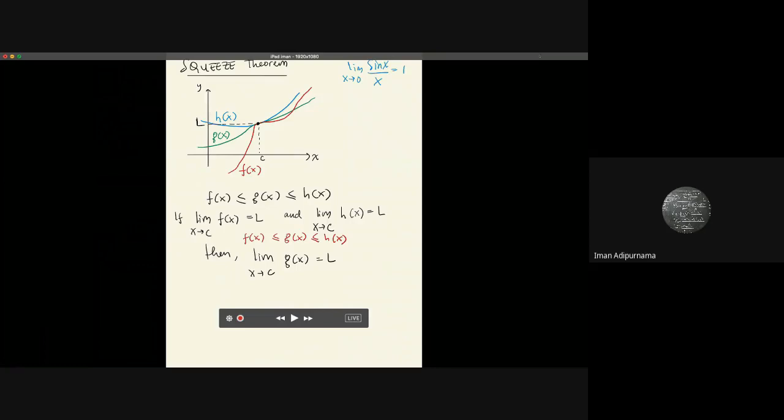If you have this situation, you can implement the squeeze theorem and find the limit.